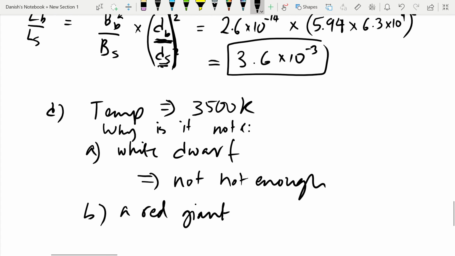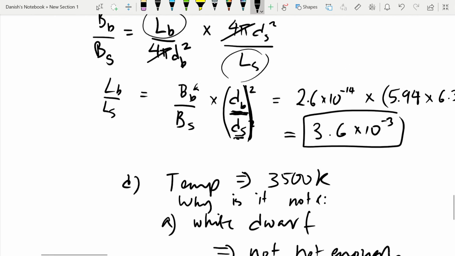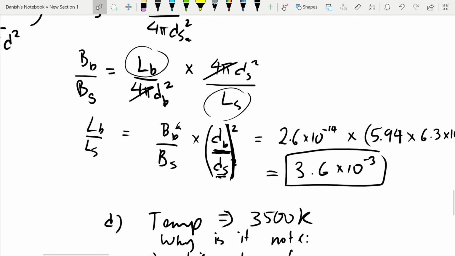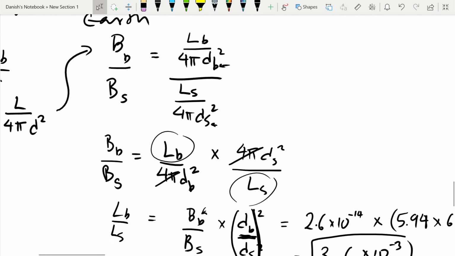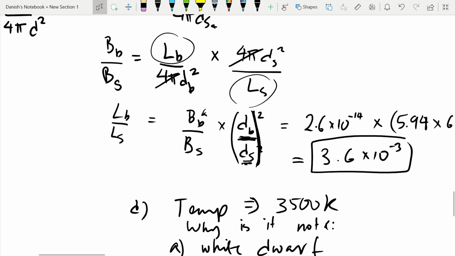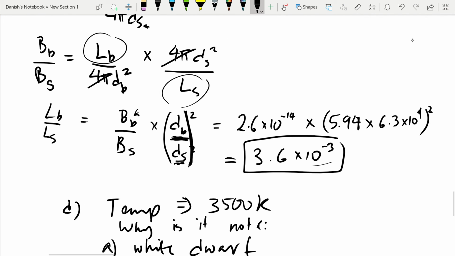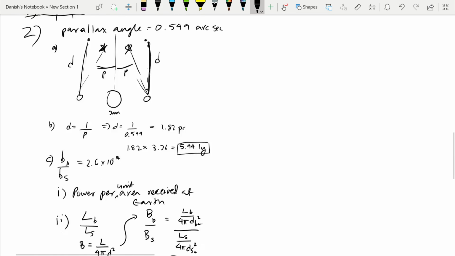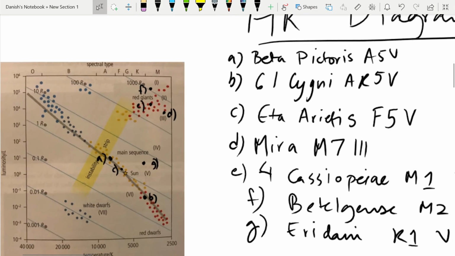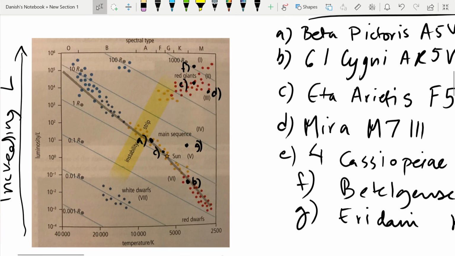And for the temperature, we certainly know that it's definitely as hot as a red giant, but we just found the luminosity with respect to the sun, which is around power of 10 to the negative 3rd, and that's important because it will help us, and you'll see why. So the luminosity here, 10 to the negative 3rd, is somewhere here.